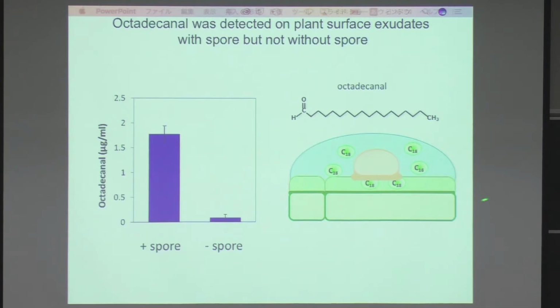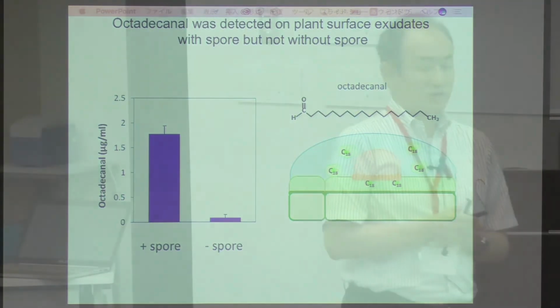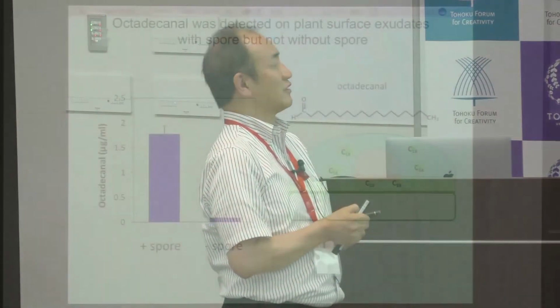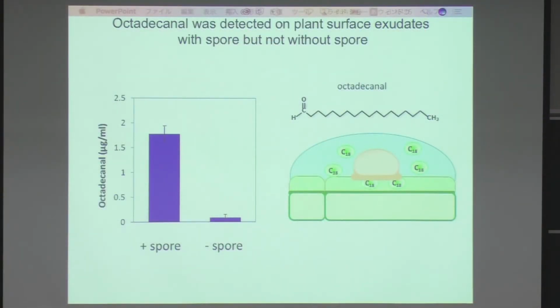The result was that in the presence of conidia, about 2 microgram per ml of octadecanol was detected, which was sufficient for inducing appressor development, but not in the absence of spore. So this indicates that octadecanol is released by the activity of spore surface esterase, which induces appressor formation.